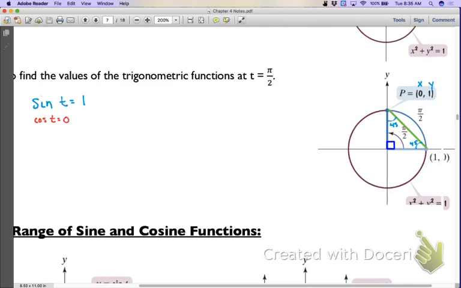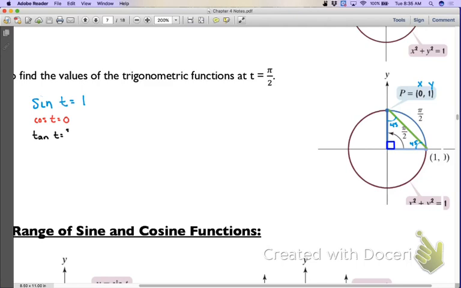And then my tangent, tangent's equal to, is it sine over cosine or is it cosine over sine? Sine over cosine.